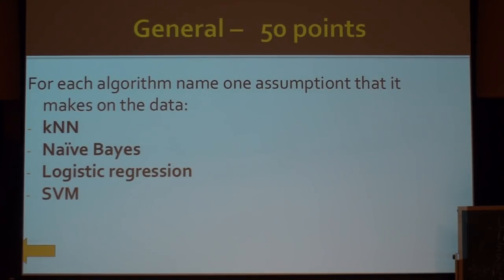SVM is linearly separable. Yes, except when you have slack variables, and it doesn't have to be. Then it still gives you a reasonable answer. But on the other hand, the assumption you're making is that a linear classifier is a good classifier. Like you can fit a hyperplane which gives you reasonable results, which is a big assumption.